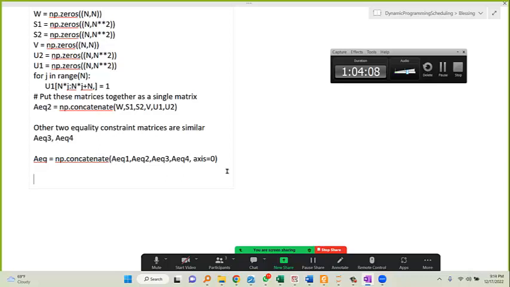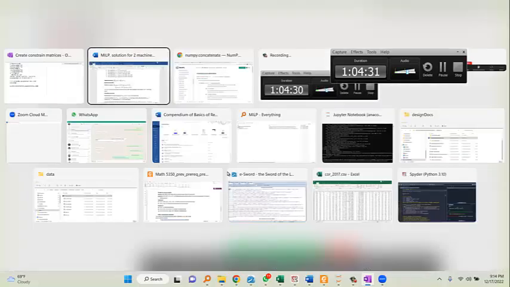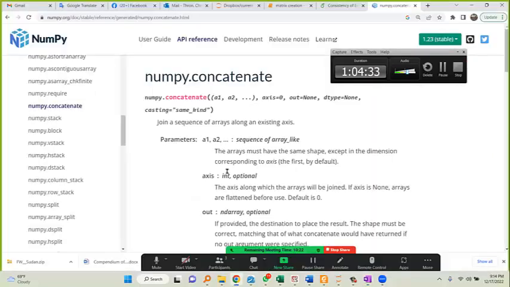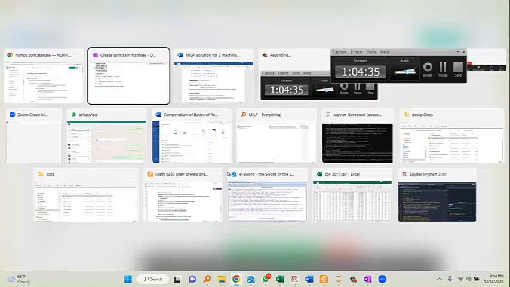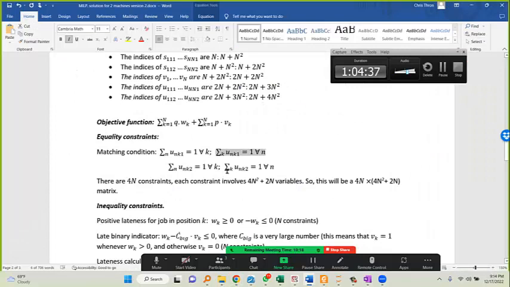So you can complete the other equality matrices, and then if you can figure it out, you can also try some of the inequality constraints, because we're going to use the very same method for the inequality constraints as well as the equality constraints.